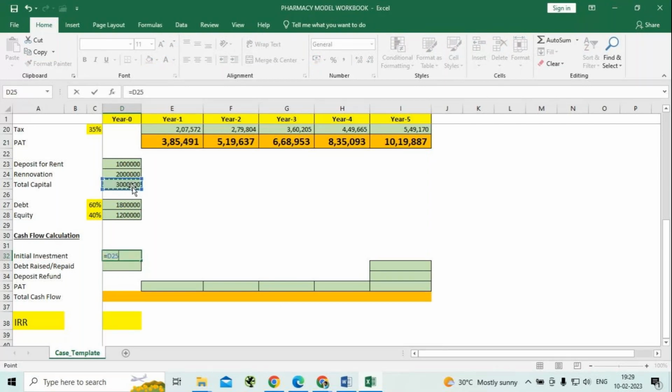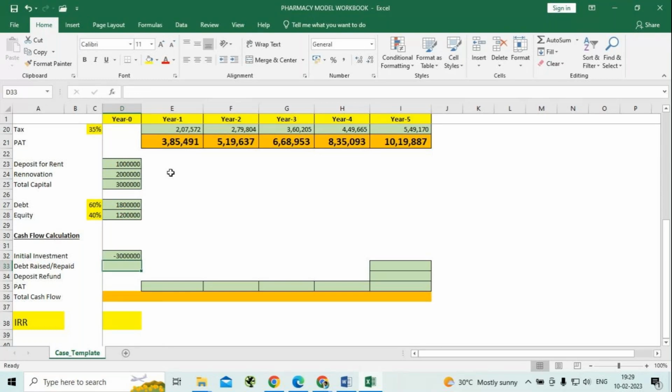But is this amount going to stay with us, or is it going out of my hand? Say I'm paying a deposit of 10 lakhs and spending on the renovation. So the money is going out, and in this case it is a minus value.